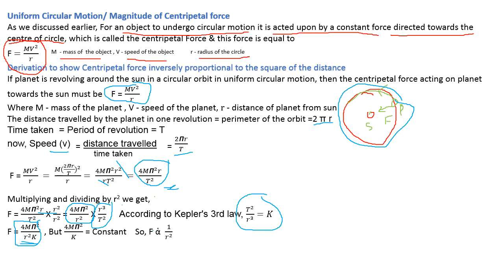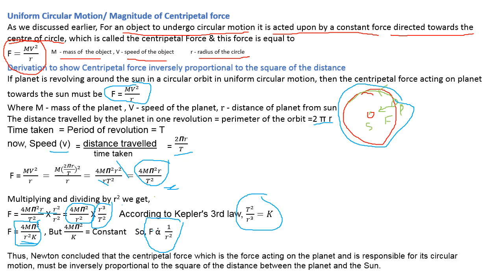And therefore we say F is proportional to 1 upon r², and that is what we have to prove. That is the topic, we have to prove that F is proportional to 1 upon r². I hope you have understood the concept.